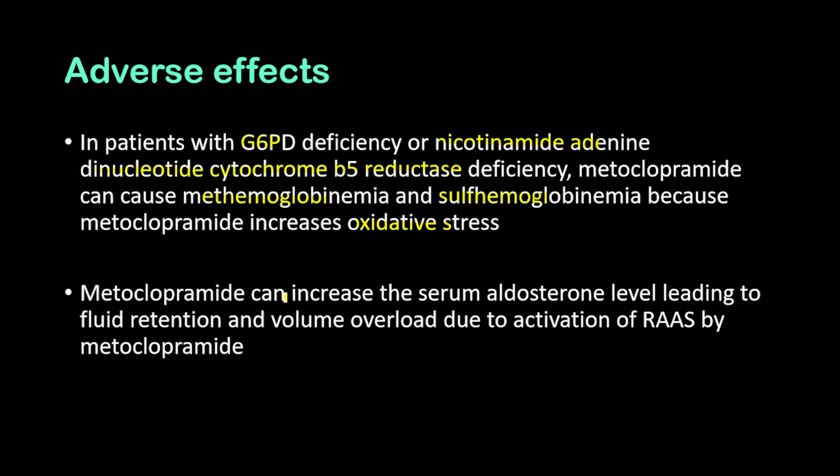Now also in the adverse effects, the metoclopramide can increase the serum aldosterone level, leading to fluid retention and volume overload due to the activation of the renin-angiotensin-aldosterone system by the metoclopramide. And this is harmful in patients with heart failure or liver disease.